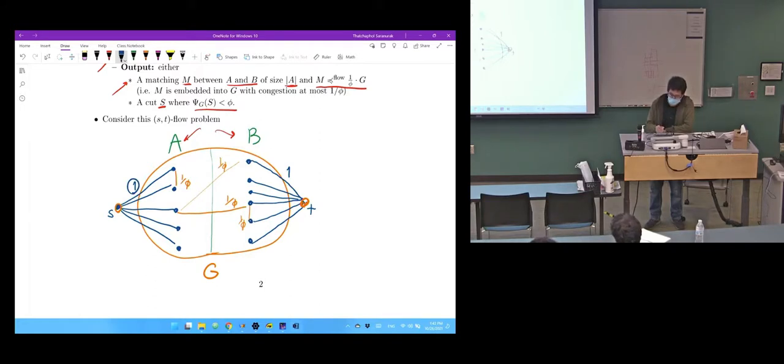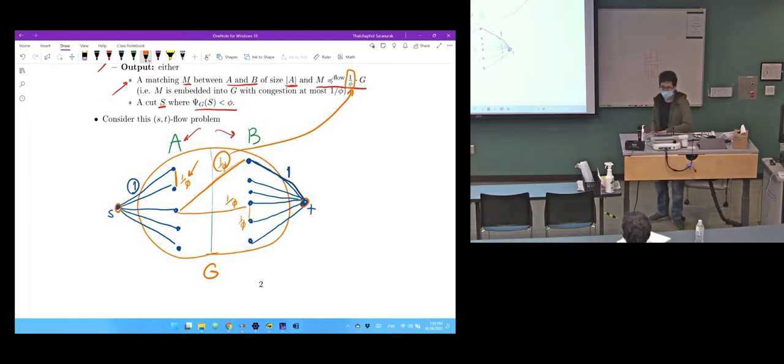Do the same for T. Everyone in B, connect it to T with capacity 1. And now what is the capacity of the original edges in G? We set it to be 1/phi.